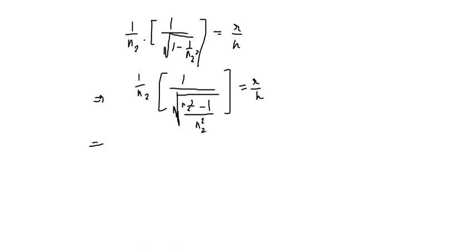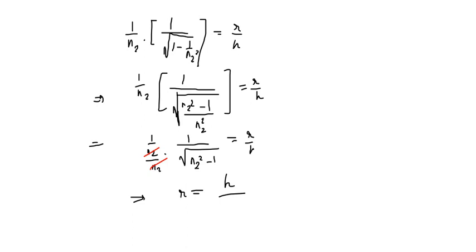So you can understand now, it is 1 by n2 by n2 into 1 by root over n2 square minus 1 equals r by h. So finally the equation becomes, these two get cancelled out, so r is equal to h by root over n2 square minus 1.